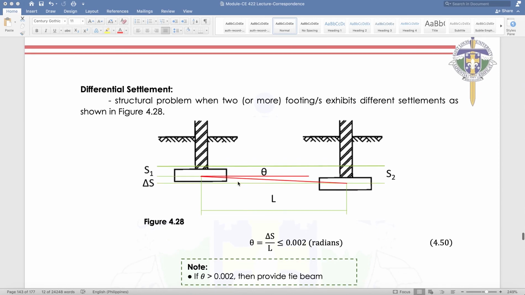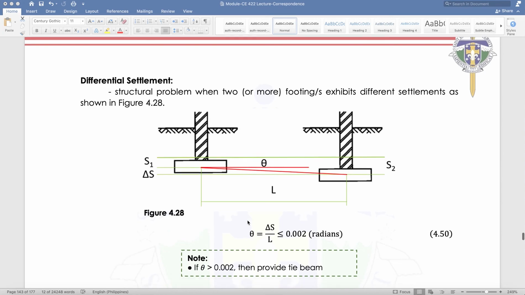Now, we need to check if the settlement is below 0.002 radians. So, the change in the settlement divided by the on-center distance of these two footings. Okay, so the change in settlement, I repeat, between footing 1 and footing 2 divided by the on-center distance is less than 0.002, then it is okay.